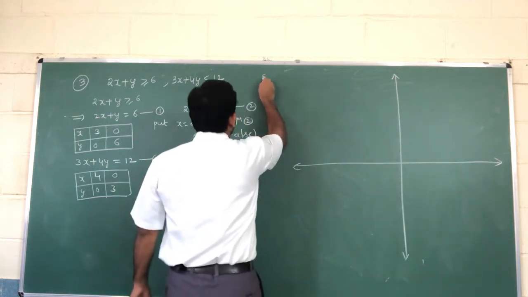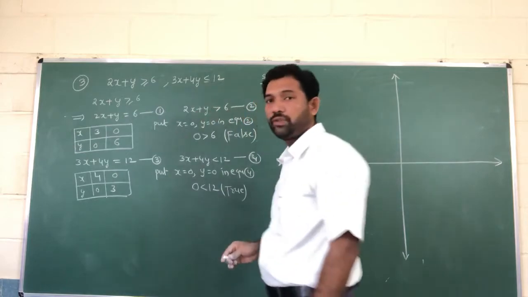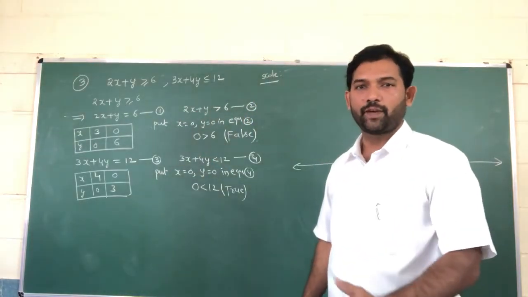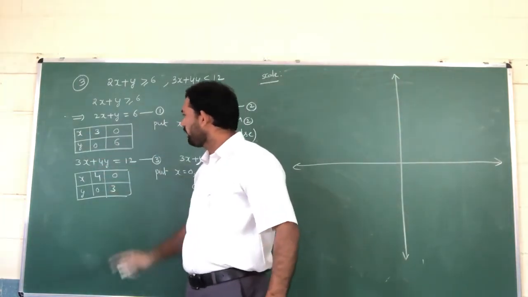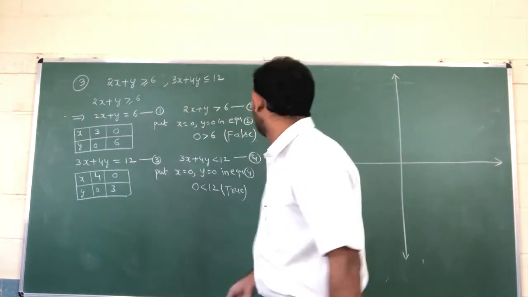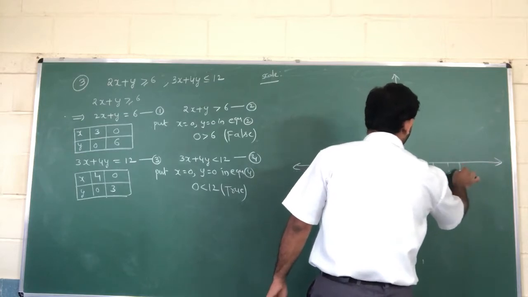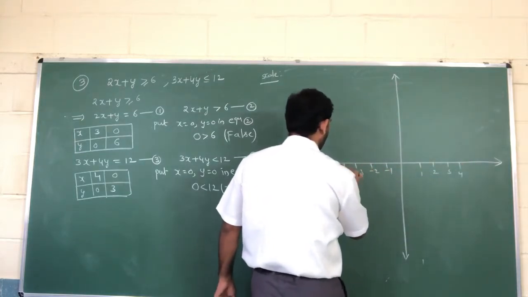Now you should write the scale. Before writing the scale, you should look at the table. What is the maximum value of x? What is the maximum value of y? Here x is 3 and 4, so 4 is the maximum. So 1, 2, 3, 4, and on the left-hand side -1, -2, -3, -4.